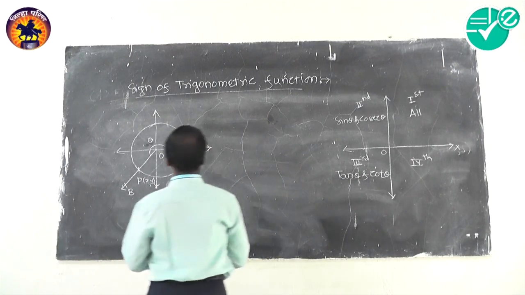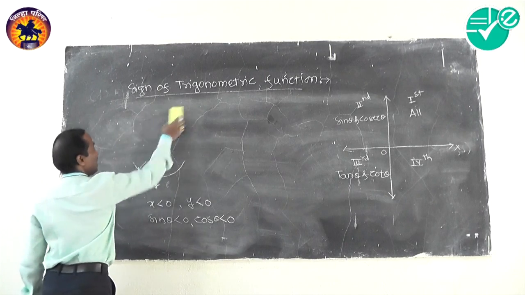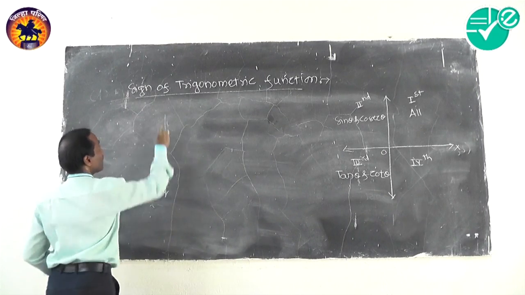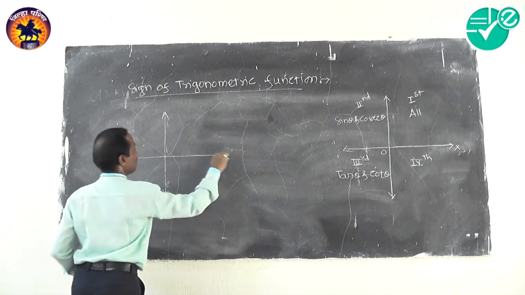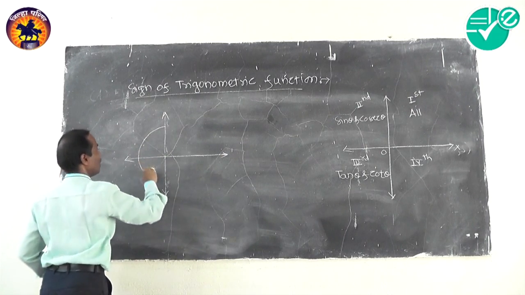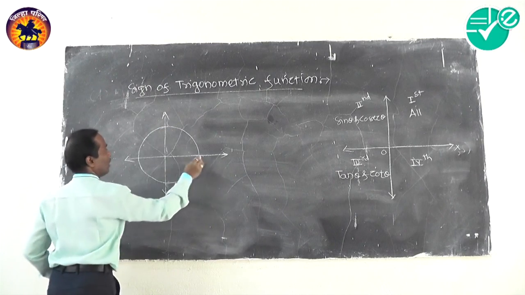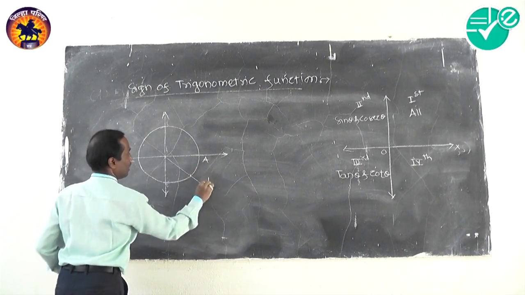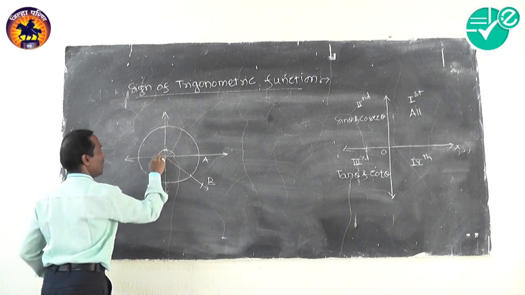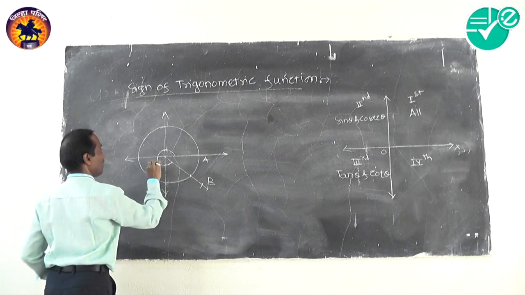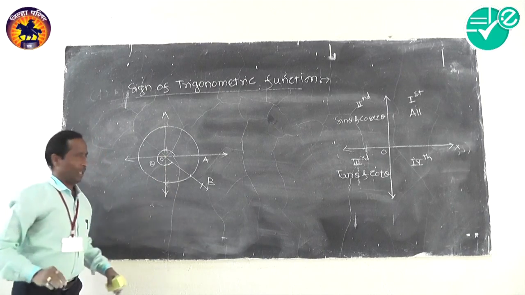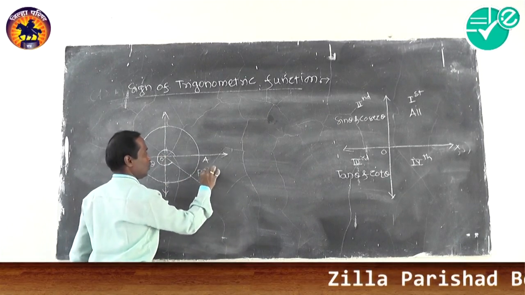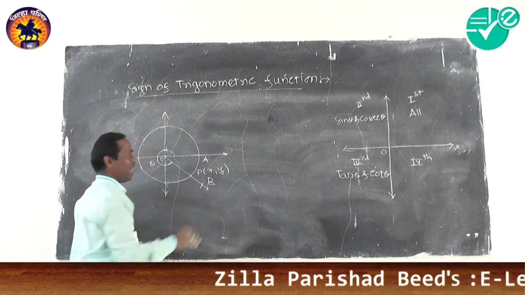Now, if theta lies in the fourth quadrant, the measure of angle AOB is theta. Then point P has coordinates x comma y.